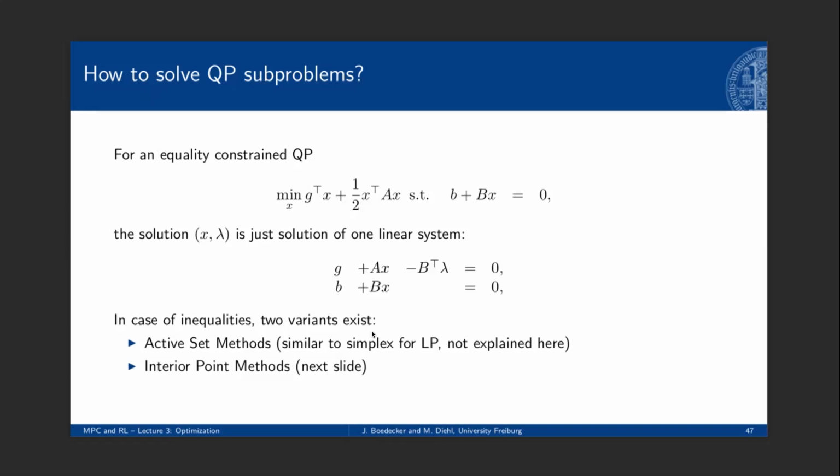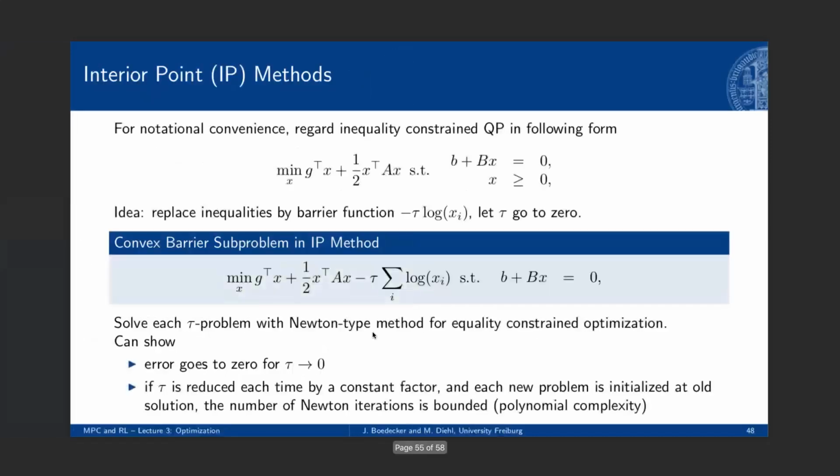And then there's the other field that became popular about 15 years ago, 20 even, interior point methods. And they are explained a bit here because they are also very competitive and nowadays often used for lots of optimization problems. So on 2 slides, interior point methods, very fast.